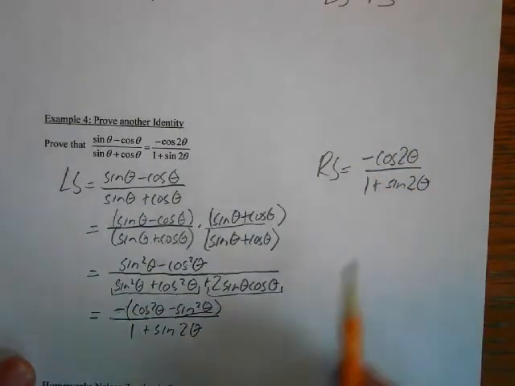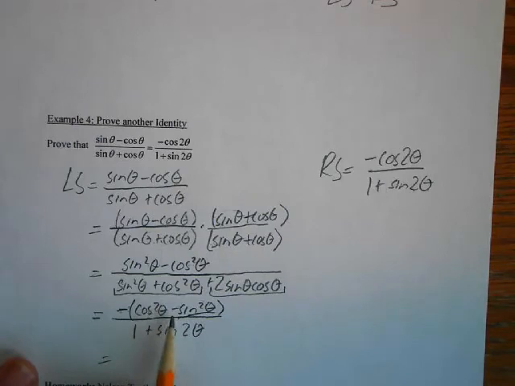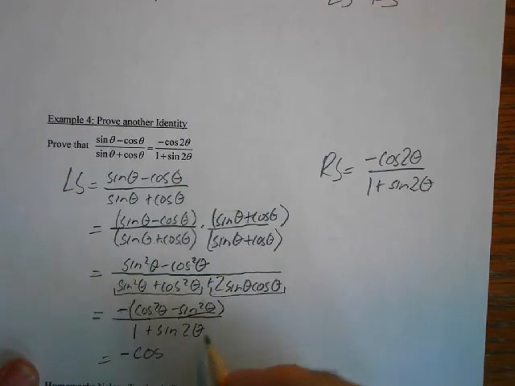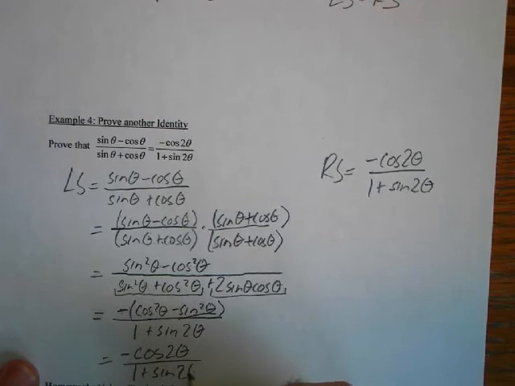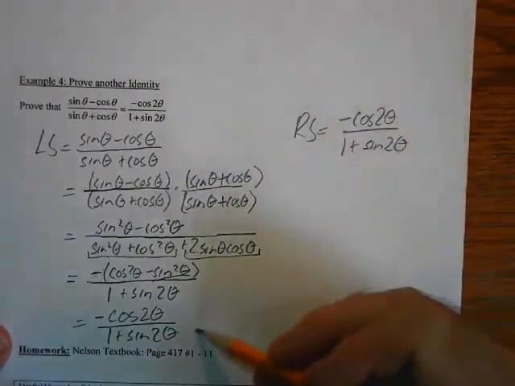And now, the last line I do here is cleaning this up, because remember, we wanted this cos squared theta minus sine squared theta in that order, because that is cos of 2 theta. So I just replace the thing in brackets with cos 2 theta, and on the bottom, just leave it as it was. And lo and behold, we got that one to work.